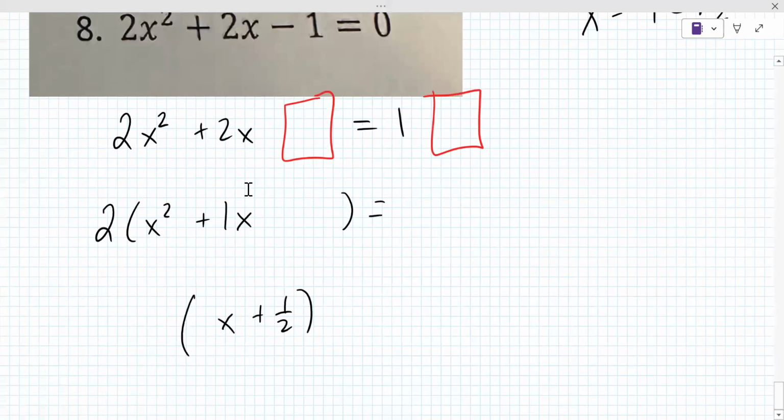Is that what you have in parentheses down here? No. Okay, so maybe take a look at what I've got here and see if you can rework the problem. You have to factor that 2 out of everything. And it's x plus 1/2.